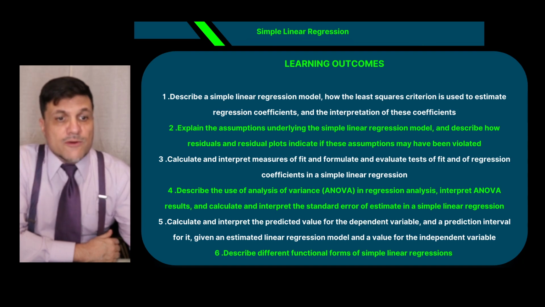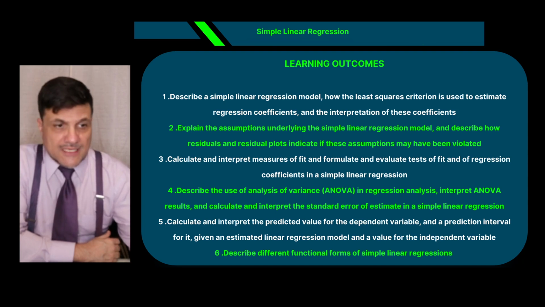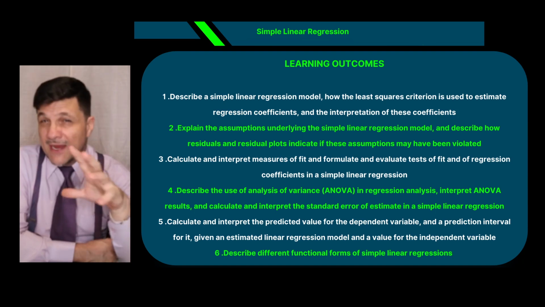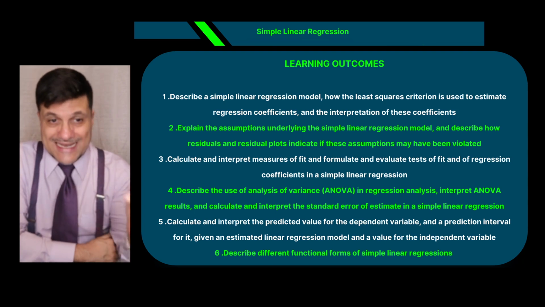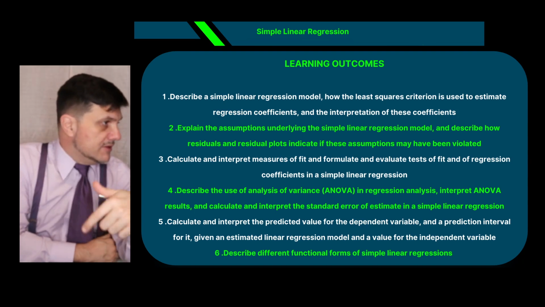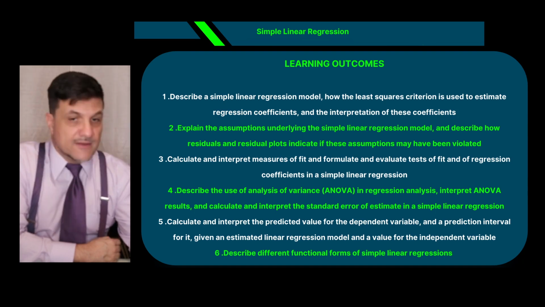When we say calculate and interpret measures of fit, at Level 1 we're going to know the basic measures you can use to see if the model at least appears to be good. We're going to have to do further investigation, but right now it appears to be good. What's telling me now that the model is fit? That's what it means.